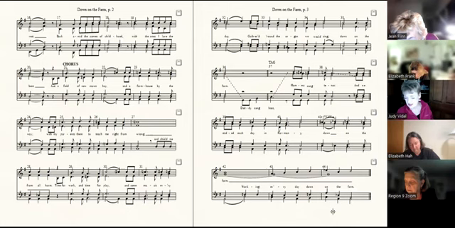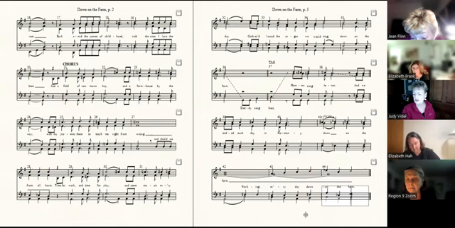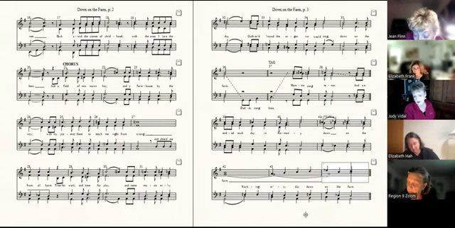I'm never sure what that thing is, but anyway, that chord. And then what about the last chord then? Then the baritone goes to the D and the tenor goes to the B. Yeah, could be.